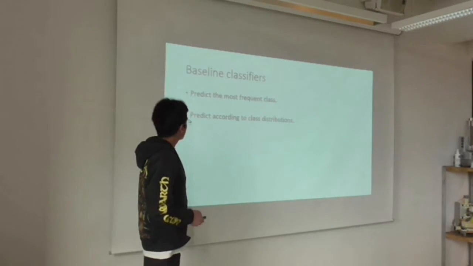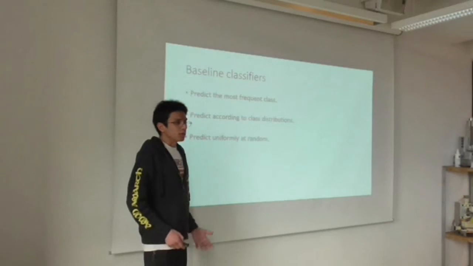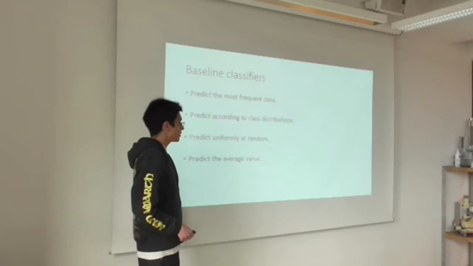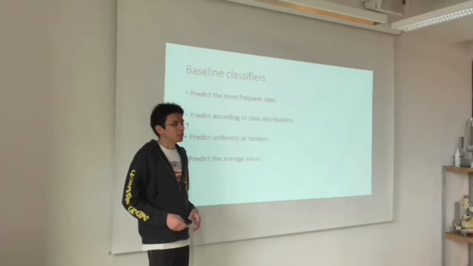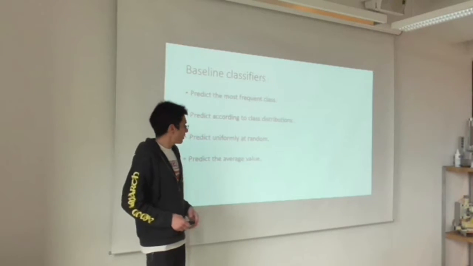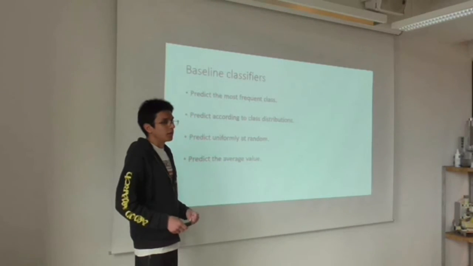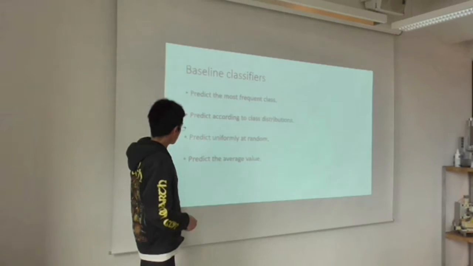You can also predict according to prior class distributions. Or you can also predict uniformly at random. Or if you have time series data, you can predict the average value for a given day or a given hour. For example, if you are trying to predict temperature, just predict the average temperature for the same day and for the same hour of the day. That's a good baseline classifier.